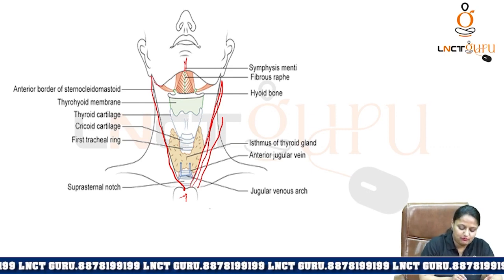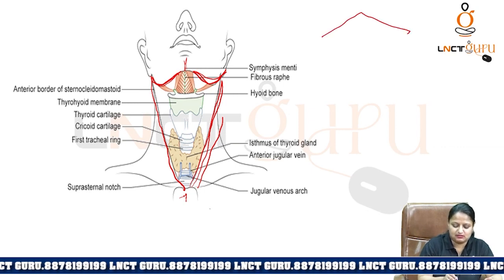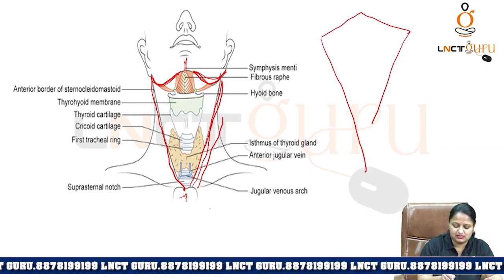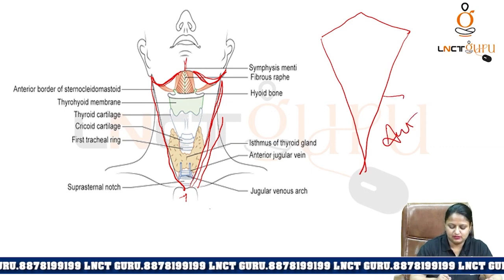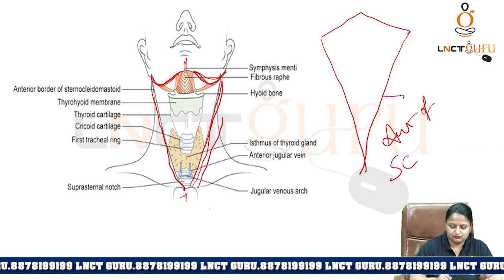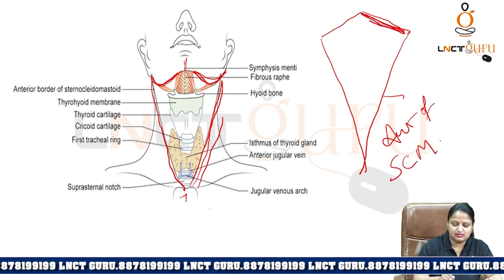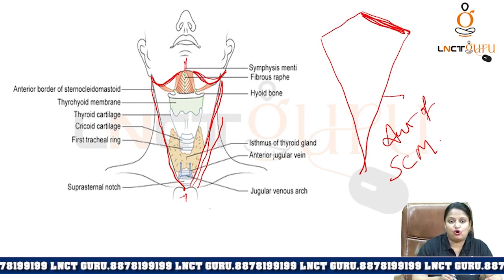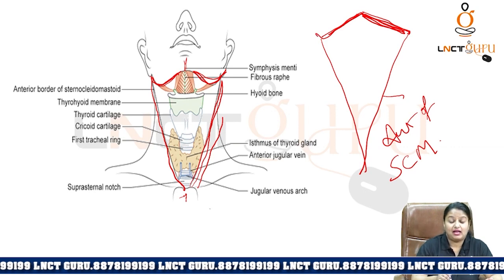Now this is the base of the mandible, the angle of the mandible and the base of the mandible. So this is forming the base of this region. The region is like this. These are the anterior border of the sternocleidomastoid muscle, and this is the base and angle of the mandible.